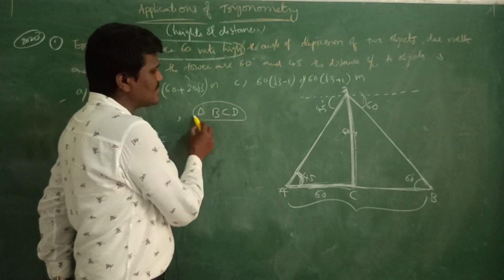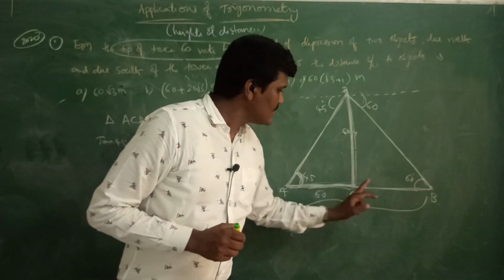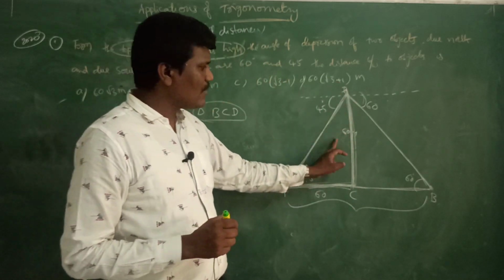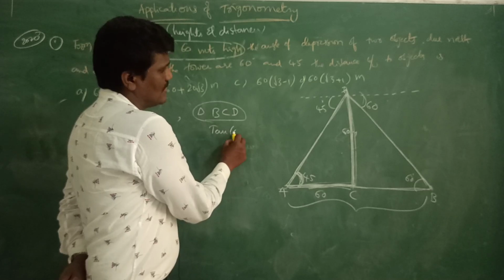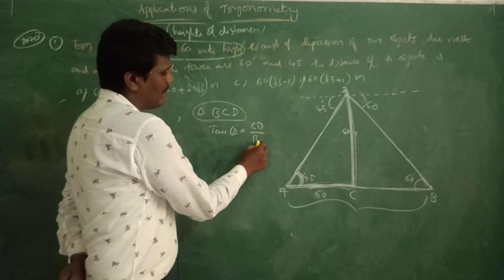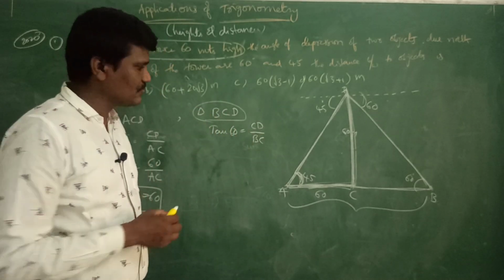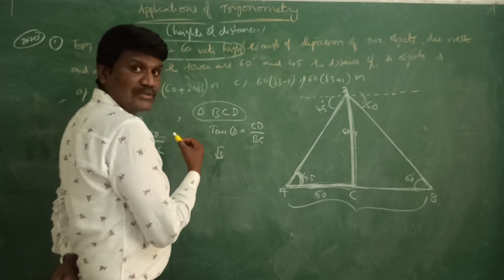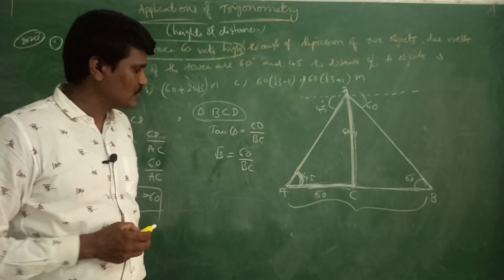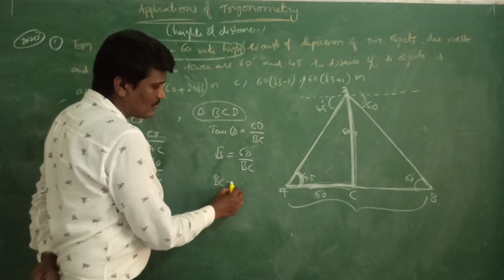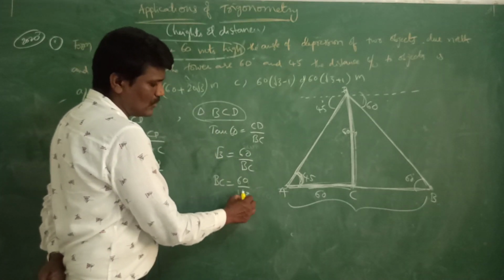From the second triangle, BCD, again opposite side by adjacent, tan 60 is equal to CD by BC. What is the tan 60 value? Tan 60 value is root 3, CD is 60, BC we do not know. If you do the cross multiplication, BC is equal to 60 by root 3.